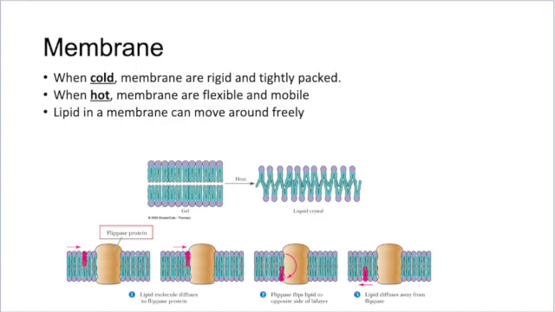So when it's very cold, they become very rigid, stick together, compressed together. And when it's very hot, this phospholipid bilayer becomes more flexible and things want to move around more easily. That's mainly because the bilayer is trying to breathe, right? It's so hot, you're trying to breathe out air. That's why it's able to fluctuate.